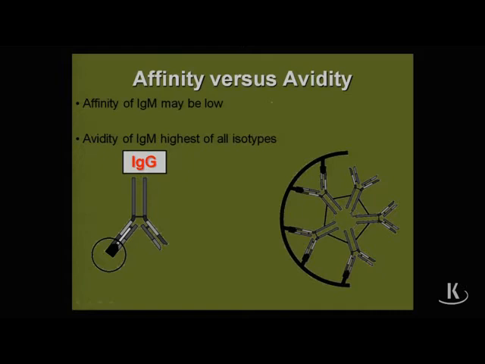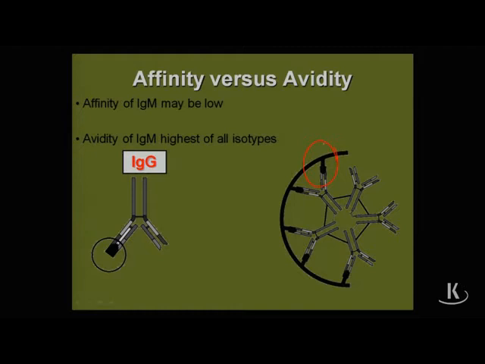But the interaction between antigen and those variable regions of IgG is a much stronger interaction than you have between the antigen and the variable region of IgM. So, avidity and affinity: IgM is a higher avidity antibody than IgG.